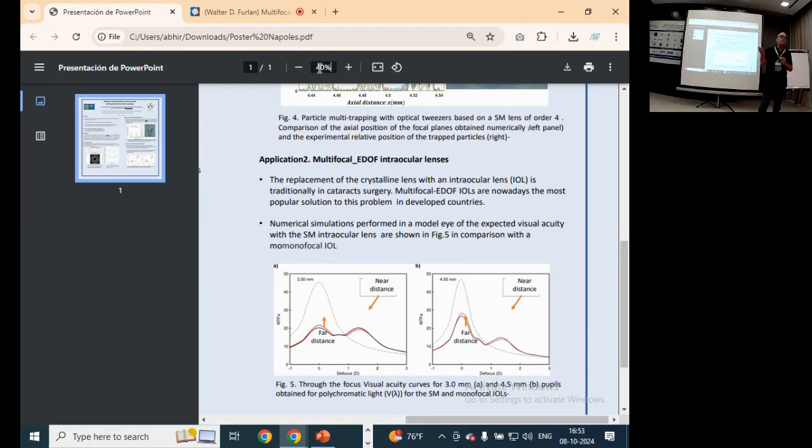When people get older, the crystalline lens inside the eye becomes many times opacified because of cataracts. And the only solution to remove this problem is to remove the crystalline lens from the eye and put in its place an artificial lens, which is an intraocular lens.